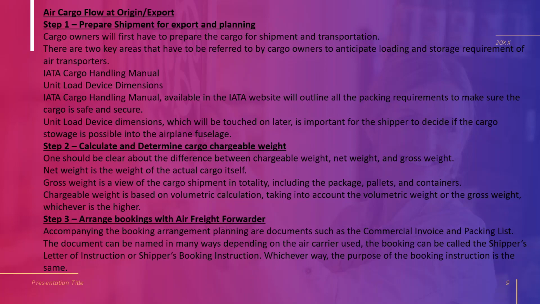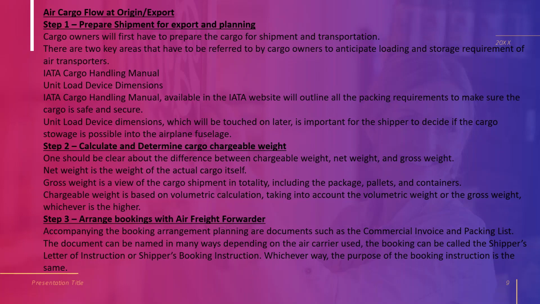Chargeable weight is based on volumetric calculation. It means the final weight we are considering, taking into account the volumetric weight or the gross weight, whichever is higher. We will check which one is coming on the higher side.